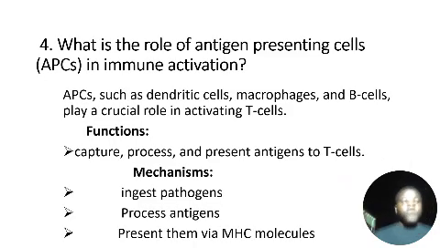Here I move to question 4. What is the role of antigen presenting cells? Antigen presenting cells such as dendritic cells, macrophages, and B cells play a crucial role in activating T cells. Their function is to capture, process, and present antigens to T cells. Mechanism: first, they ingest the pathogen. The ingested pathogen is processed into antigens.